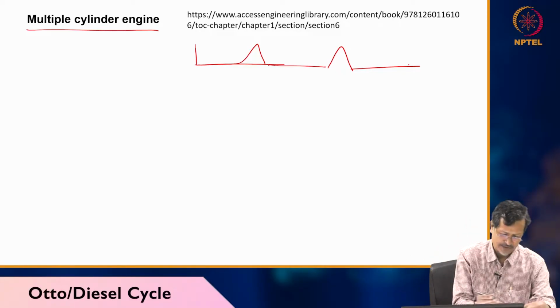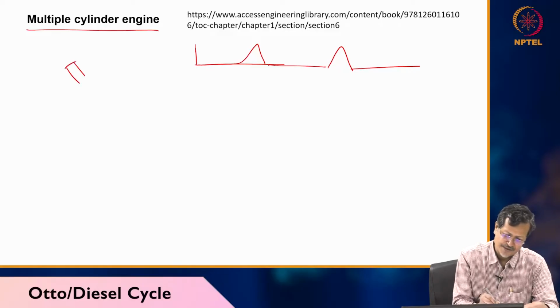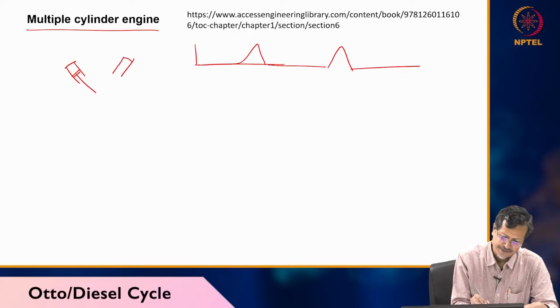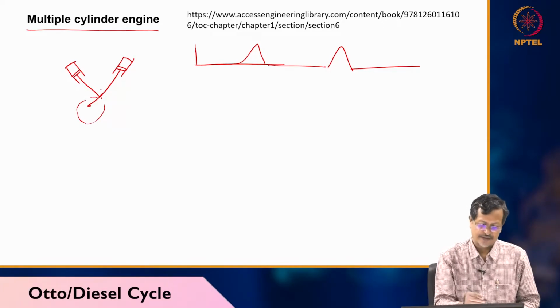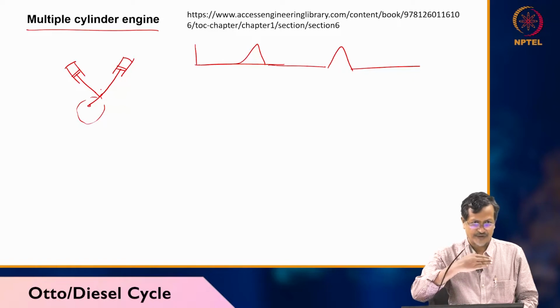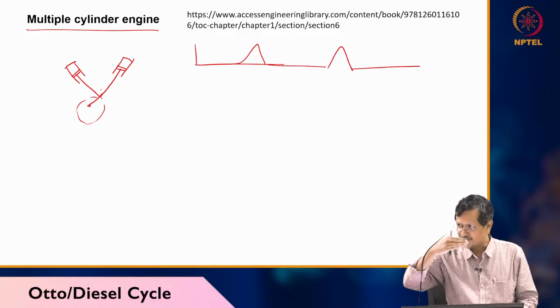How does it look like? Say if I have cylinder 1 here, another cylinder here, it is connected to a common crank, so it is rotating. So what will happen, you see one piston is going up while the other piston may be going down.